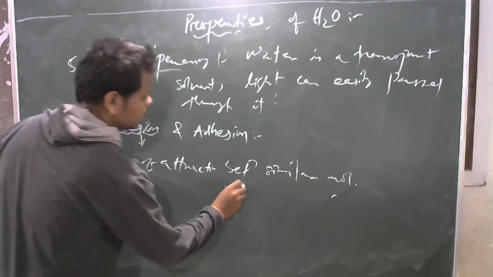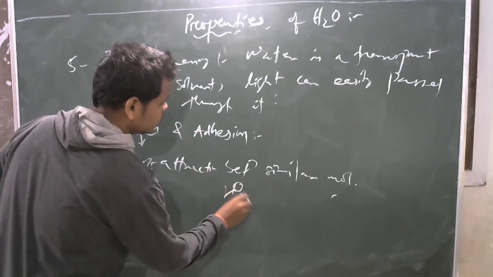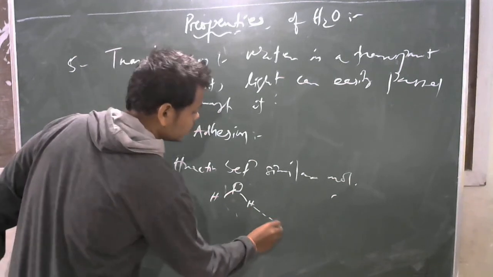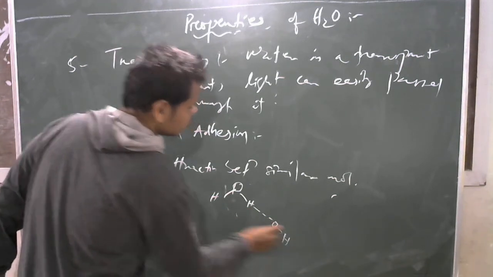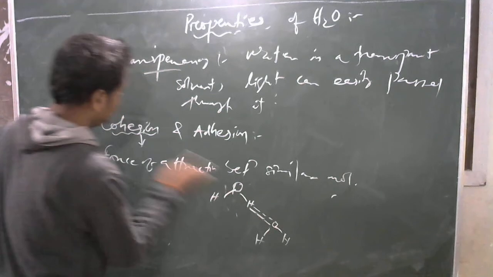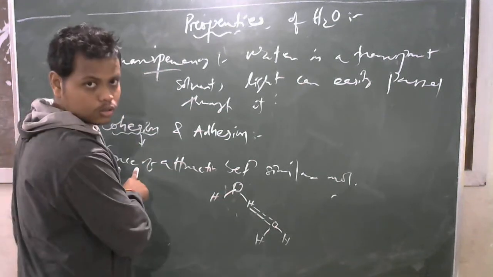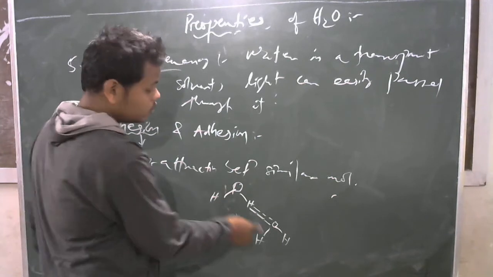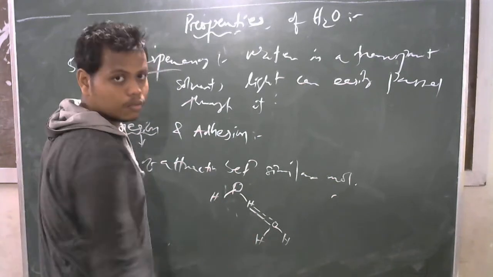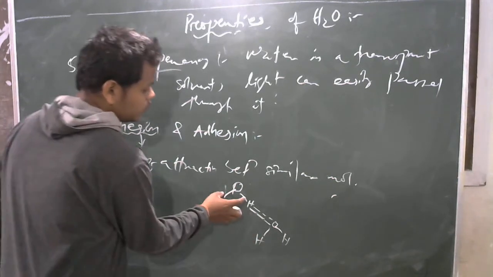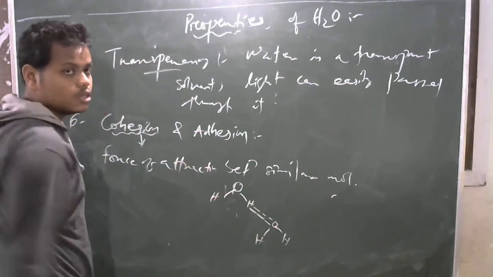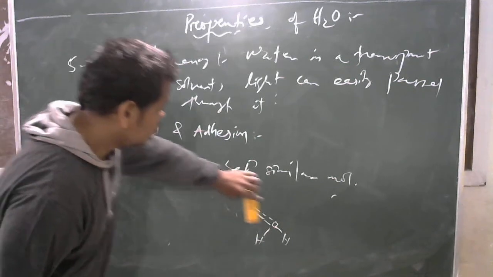Suppose this is one water molecule, bonded with another water molecule by a hydrogen bond. This hydrogen bond acts as the cohesion force, the force of attraction between similar molecules. Both are water molecules, so the hydrogen bond between them acts as cohesion.